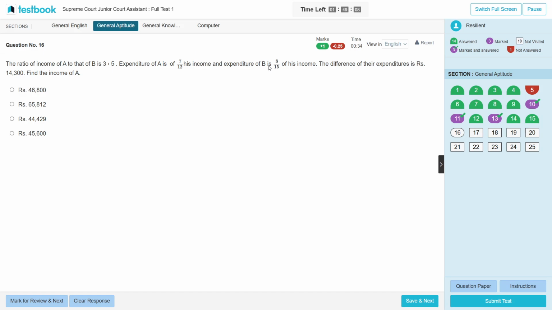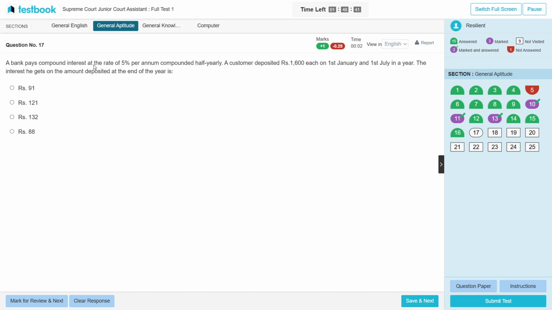The difference of their expenditure is rupees this, so 11 value is 14,300, one value is 1,300. Find the income of A. 36 into 13, 6, I have to tell.